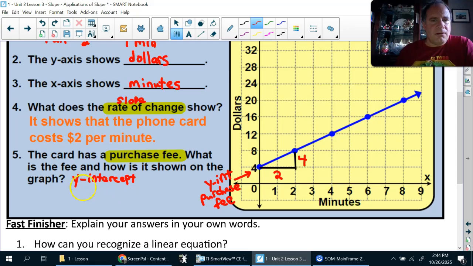All right, and the card has a purchase fee. What is that fee and how is it shown on the graph? It is $4 and it is the y-intercept. An initial value.